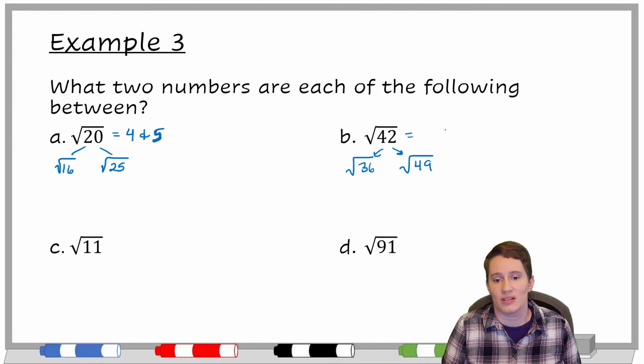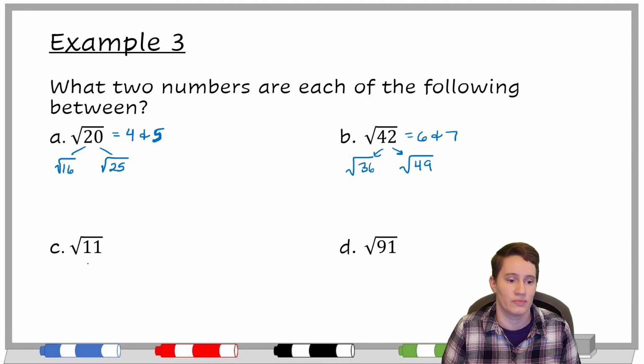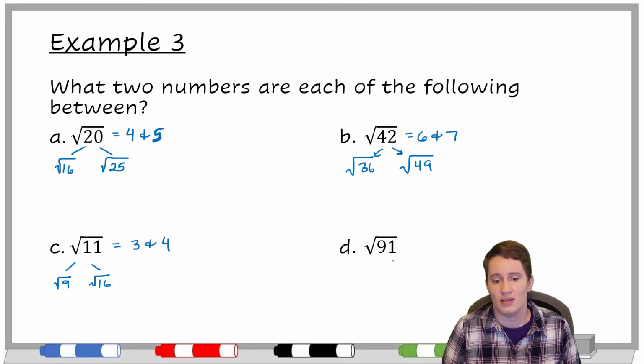And so that means this would be between 6 and 7. Square root of 11 would be between square root of 9 and square root of 16. So this would be between 3 and 4. And then square root of 91 is between square root of 81 and square root of 100. So between 9 and 10.